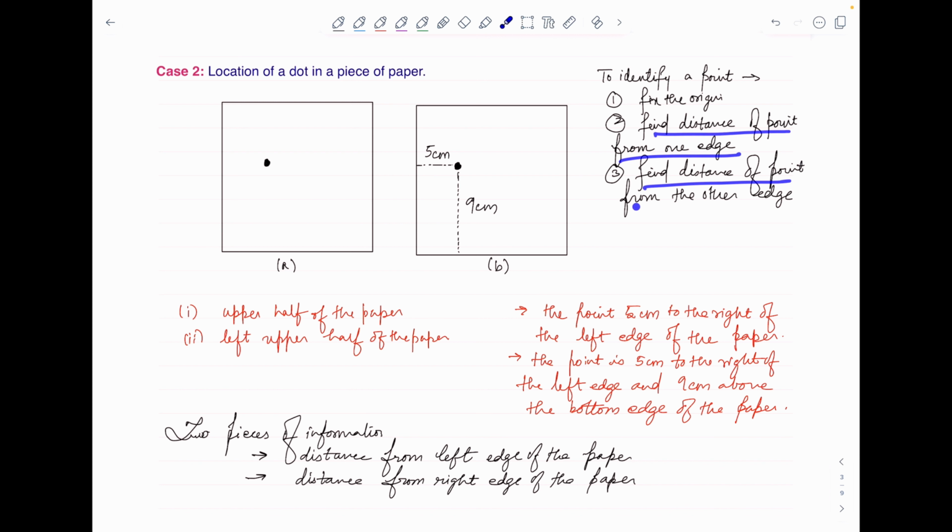Third, find the distance of the point from the other edge. First, fix the origin; then from one edge the distance, from the other edge the distance. Got my point? So in coordinate system, okay, we can write for coordinate system.